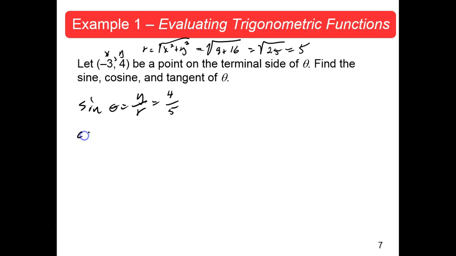What is a cosine? X over r, you're absolutely right. And what is that? Negative 3 over 5. We don't have to redo it again. And what is the tangent of theta?